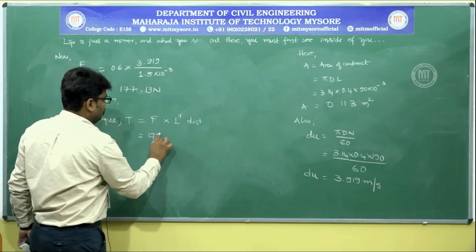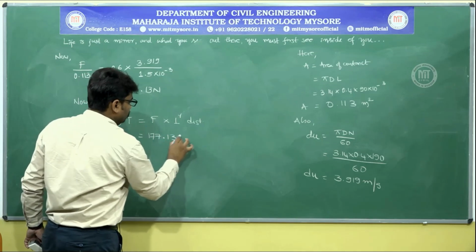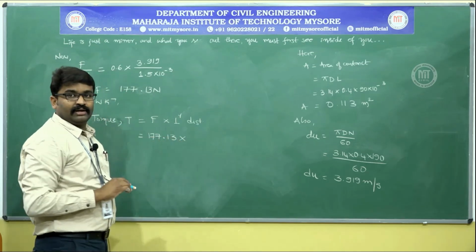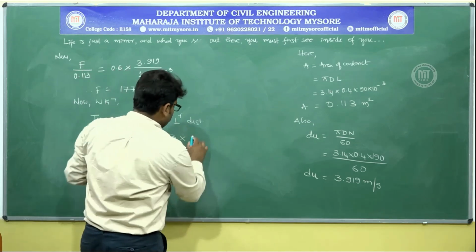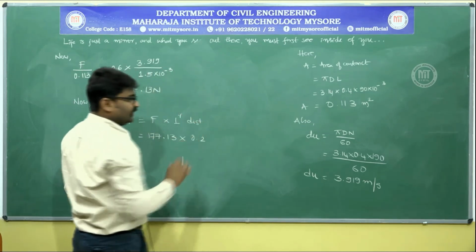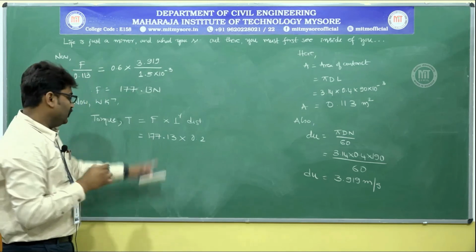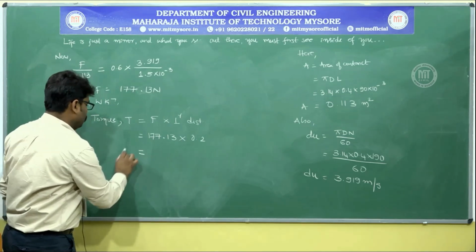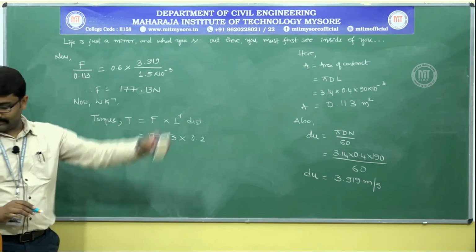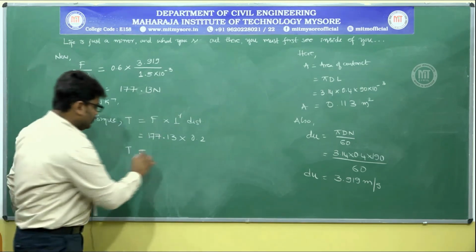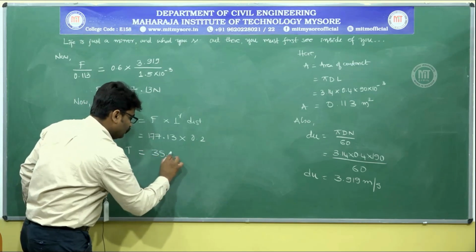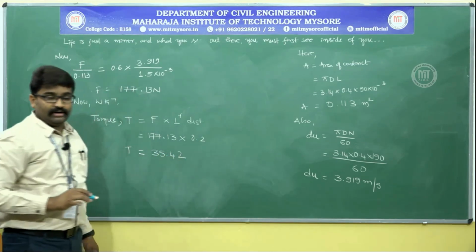Force is 177.13 into how much is the perpendicular distance? Perpendicular distance is 0.2 meters. I had shown it to you in the drawing. Perpendicular distance is 0.2. Now how much is the torque? 35.42. What is the unit of torque?